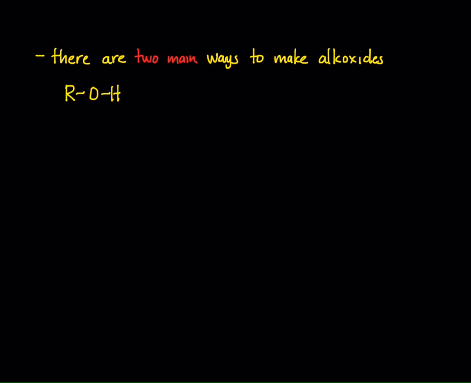So we have to use a much stronger base. And one very good base that is often used is H minus. Remember, this is called a hydride. So we can use sodium hydride or potassium hydride salt. The cool thing about this is it's a great way of making alkoxides.